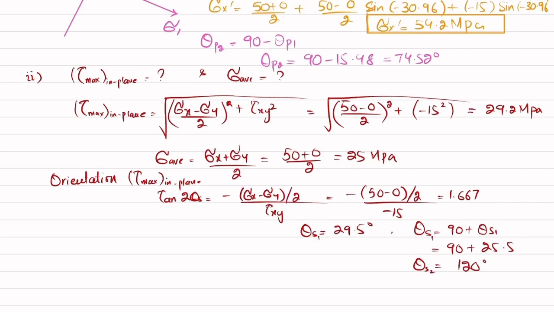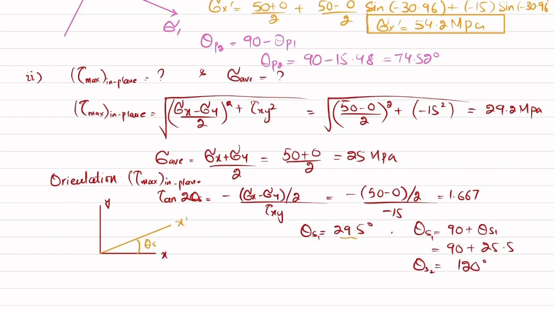Now you have theta s1 and s2, so you can specify the orientation of this maximum in-plane shear stress and average normal stress. So this was the initial x, this is your y. Clear? So your new axis theta s is 29.5, so you can move toward 29.5, that is positive, so it means counterclockwise.